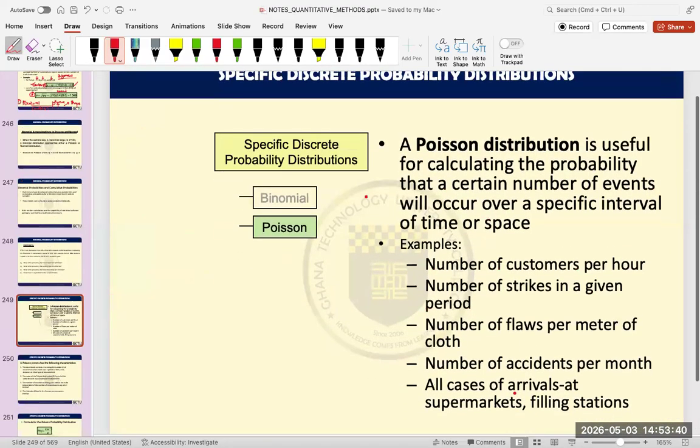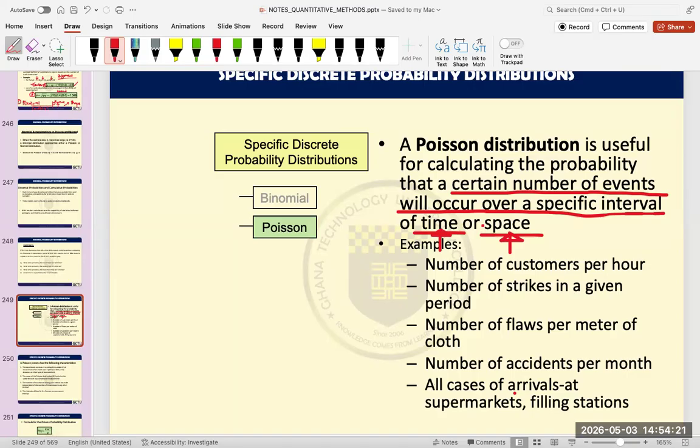Now, the Poisson distribution depends on 2 things: time or space. Poisson occurs within time or space. Now we say a certain number of events will only occur over a specific interval of either time or space, and not 2 possibilities like binomial.